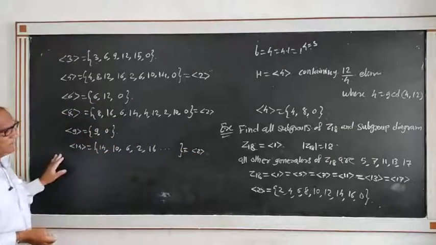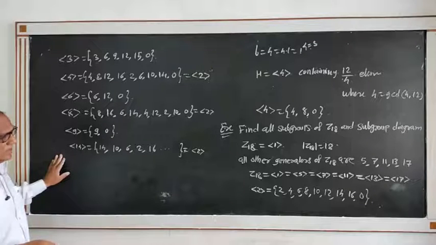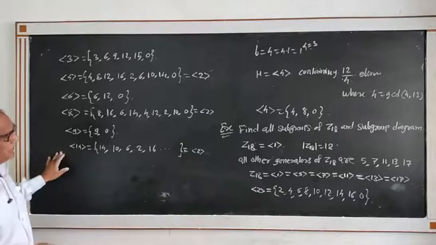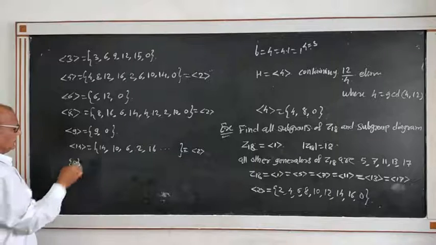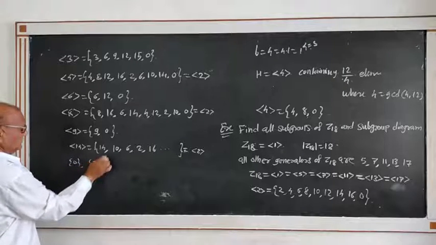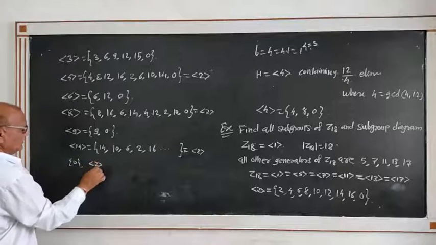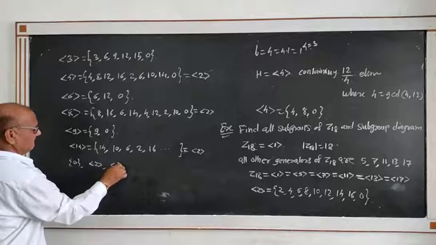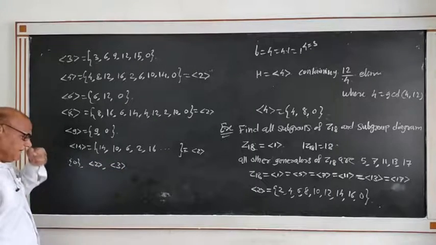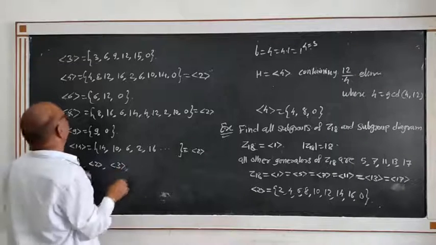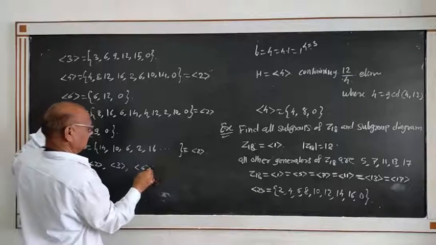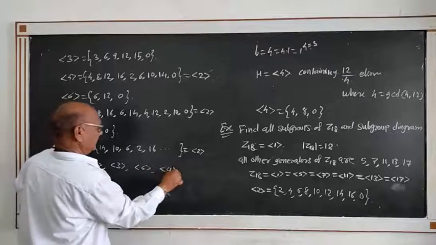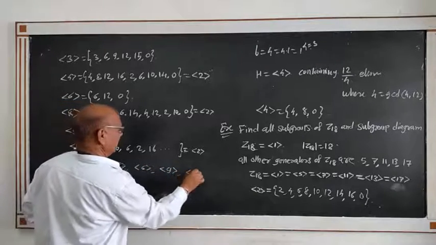That means only your proper subgroups. That means this singleton 0 is generated by 0, then generated by 2, generated by 3, then generated by 6, generated by 9, and generated by 1.